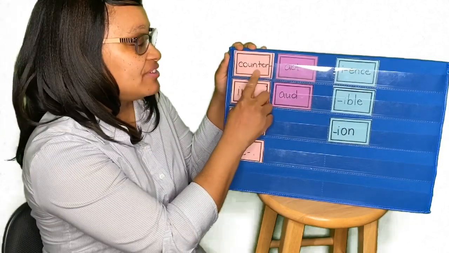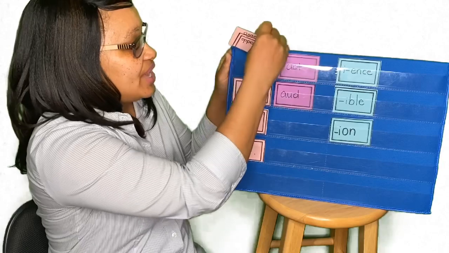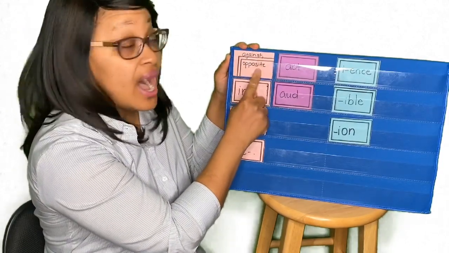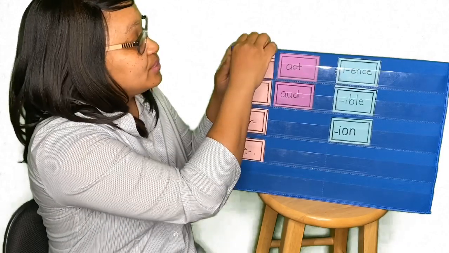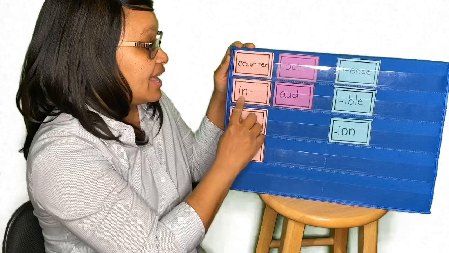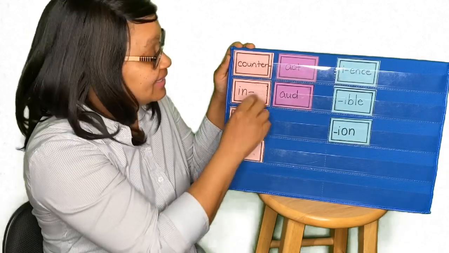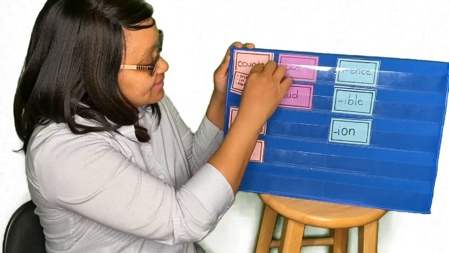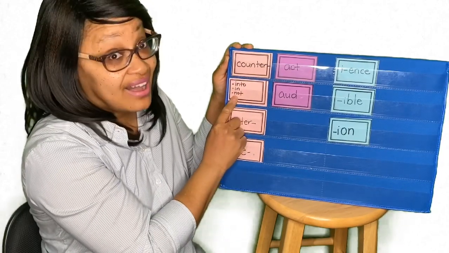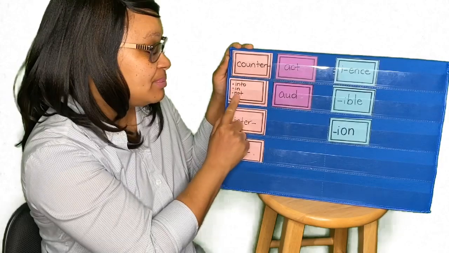So we have the prefix counter. Counter means against or opposite. Counter is a dual prefix. The prefix in. In means into, in, or not. So this has 3 meanings.